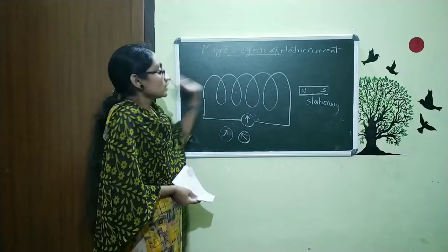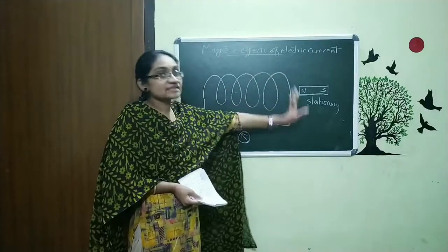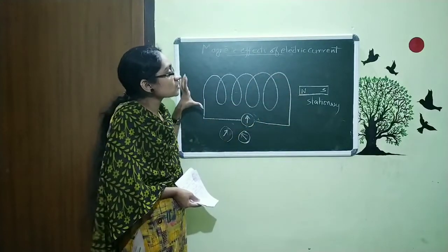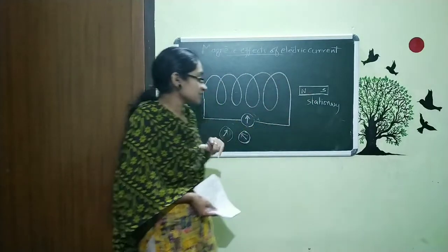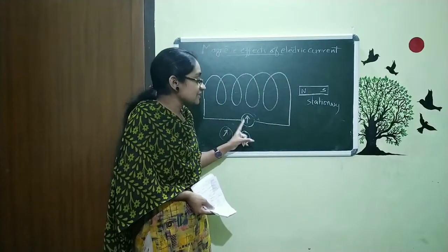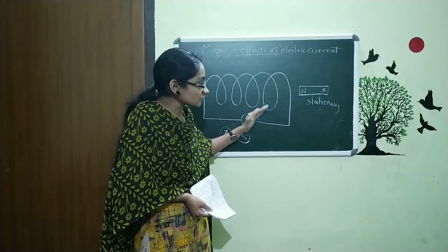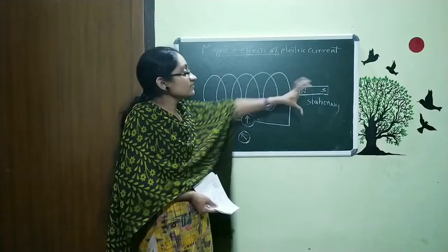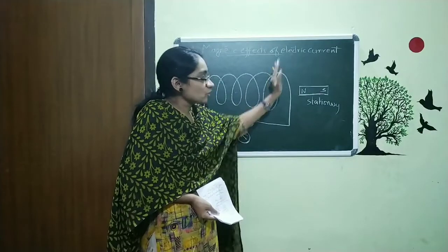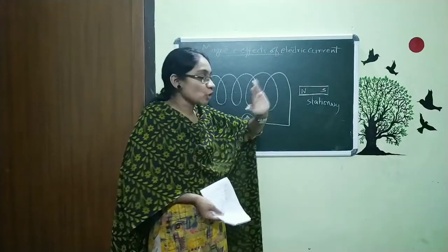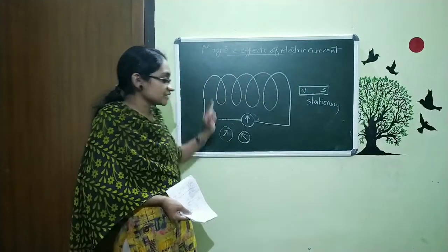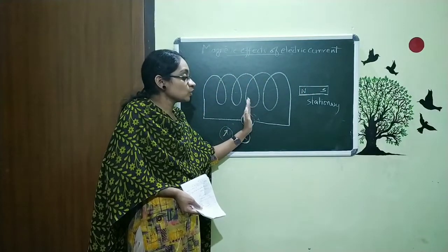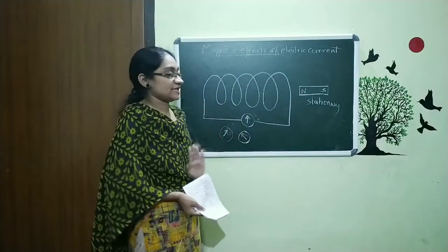The magnet is fixed there, and when this coil is moved towards the magnet, you can see that the galvanometer needle moves to the right side. When we hold the coil stationary, no deflection occurs, and when we move the coil backward, the needle moves to the left side.